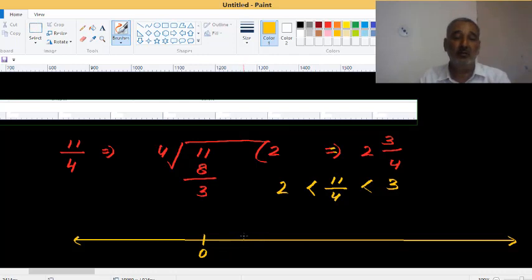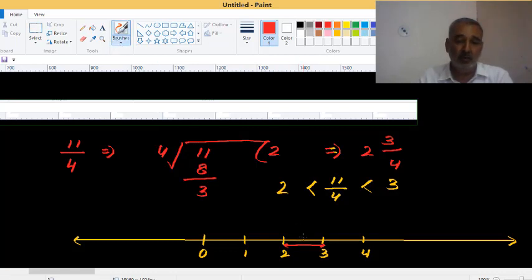So 1, 2, 3, 4. Mark your specified area where you have to mark a point. So it is in between 2 and 3. What should I do?